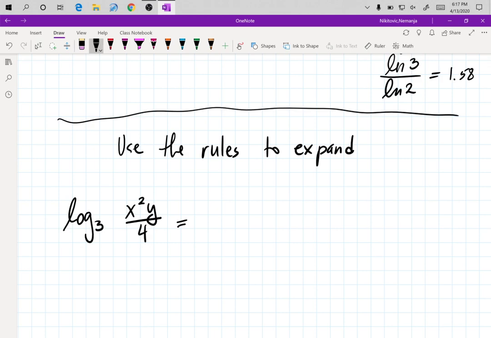All right, so I see division. So that's going to be log base 3 of x squared y minus log base 3 of 4. So we used rule number 2 that had the division in it to write a log as a difference of two logs.